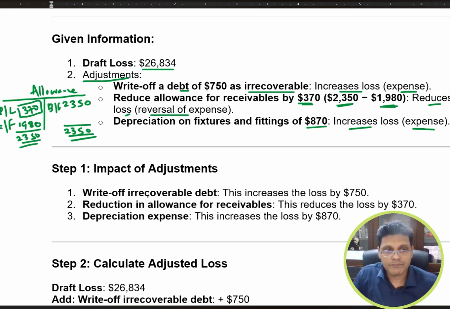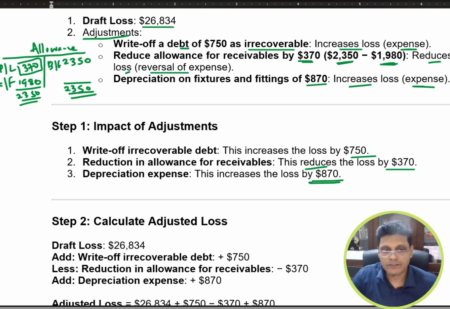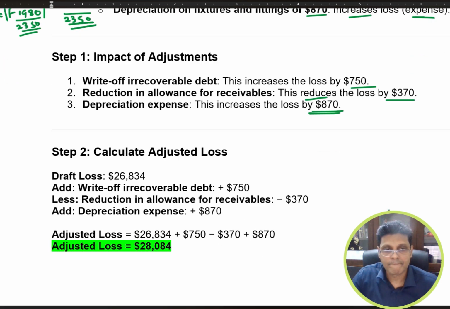So the impact of adjustments: writing off the irrecoverable debt increases the loss by 750. A reduction in allowance for receivables reduces the loss by $370. Depreciation expense increases the loss by $870. So to calculate the adjusted loss: 26,834 is the loss.